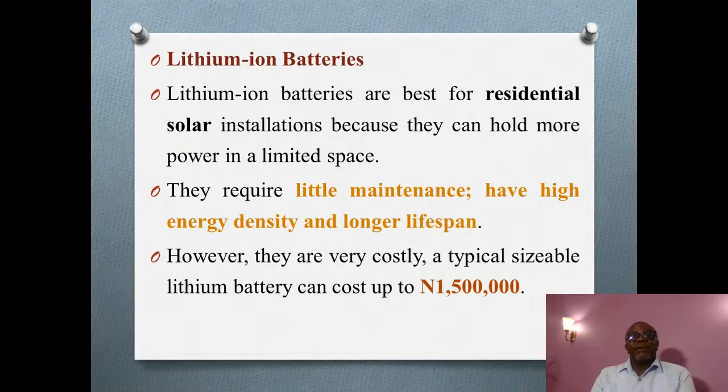So the lithium-ion batteries are best for residential solar installation because they can hold more power in a limited space.